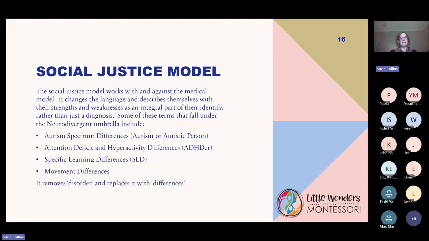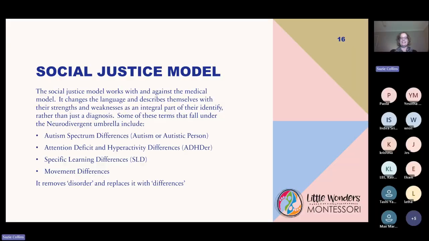I know there was a stage where it was very much around, we don't refer to the person as an autistic person, but a person with autism, so putting the person first. But in fact, what we've found within this model is that every person has their own preference. So if you are working with a family who may identify within the neurodivergent spectrum, it's really important to check with them, how would you like me to refer to your child's autism?